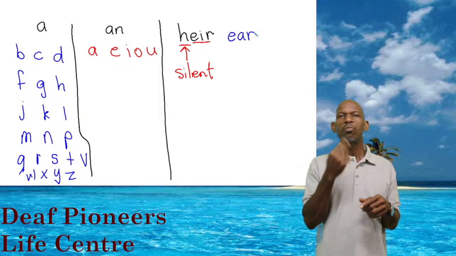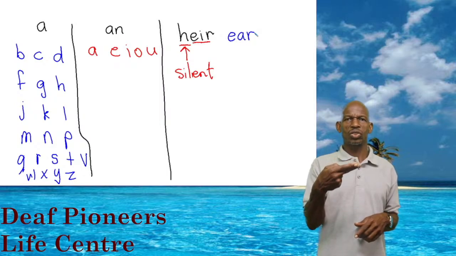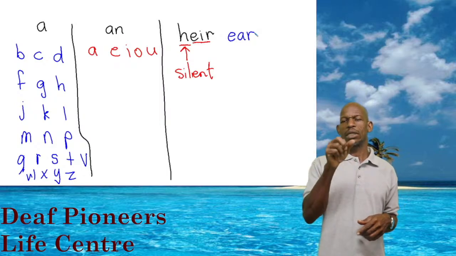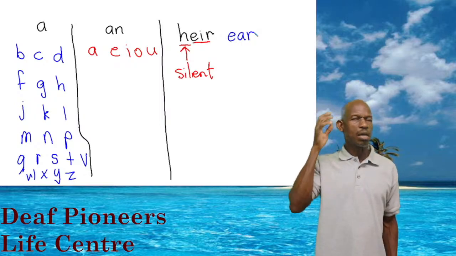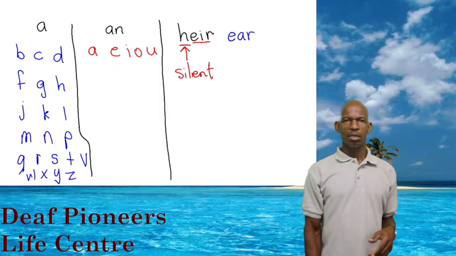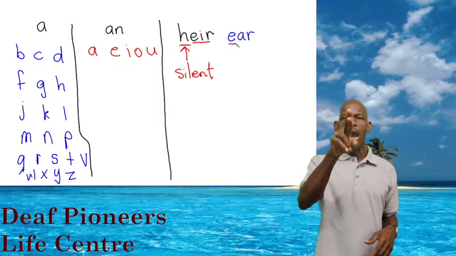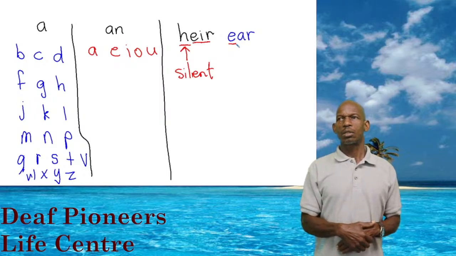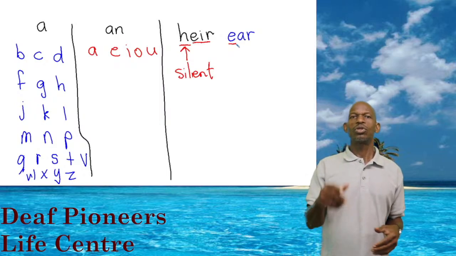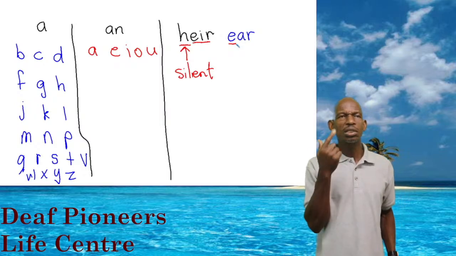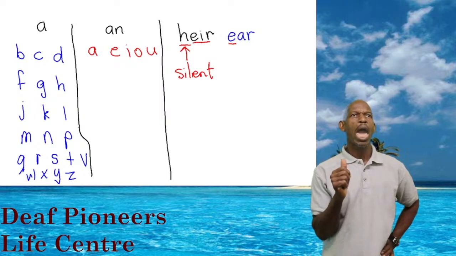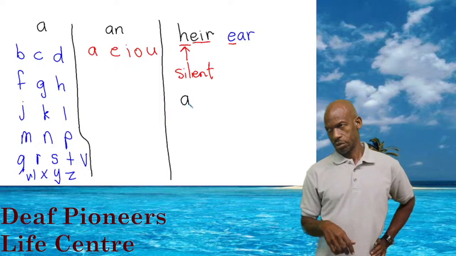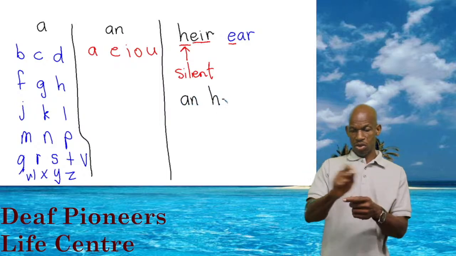So this word, H-E-I-R, says air. So you are hearing the E sound when you say it at the beginning. Because of that, when you are writing it, you will say an, air.